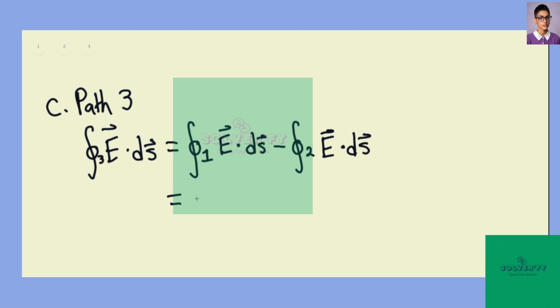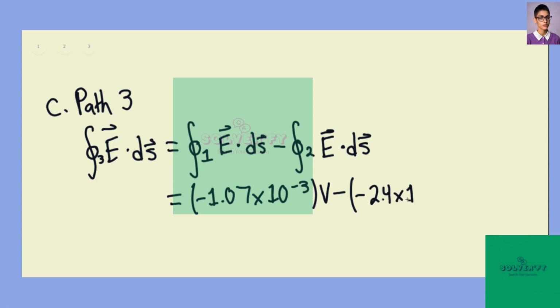And this is equaling negative 1.07 times 10 to the negative third volts minus negative 2.4 times 10 to the negative third volts. This is equaling positive 1.33 times 10 to the negative third volts.